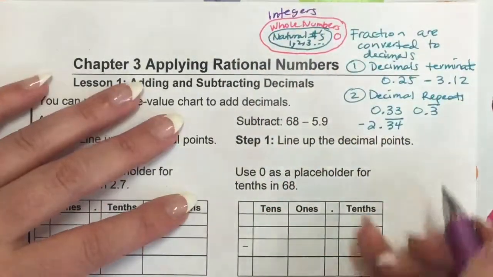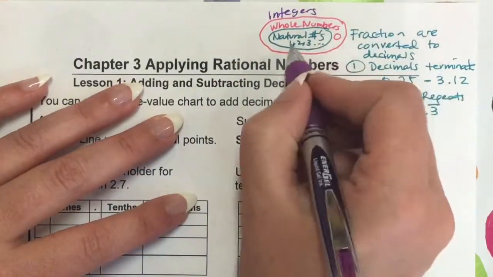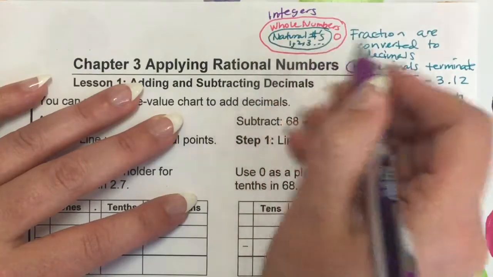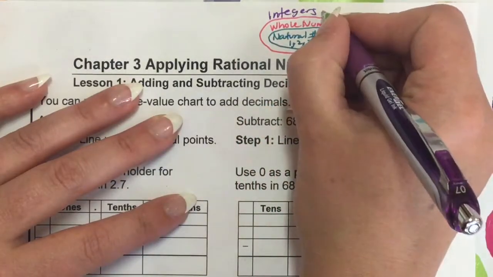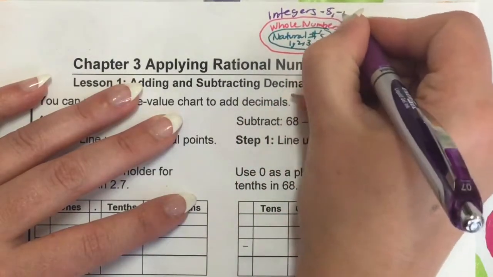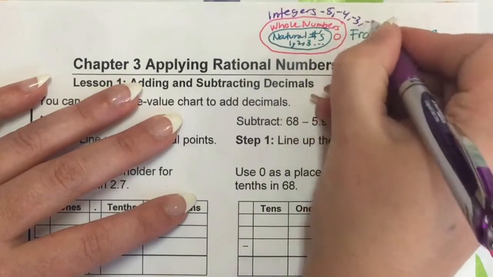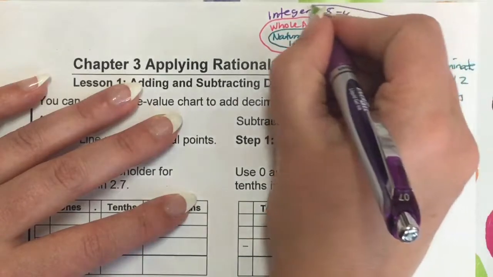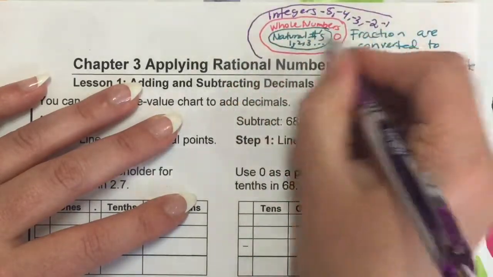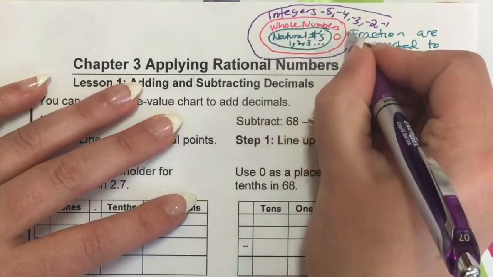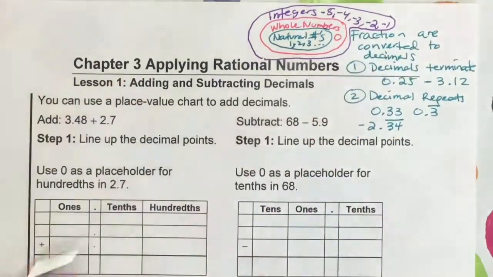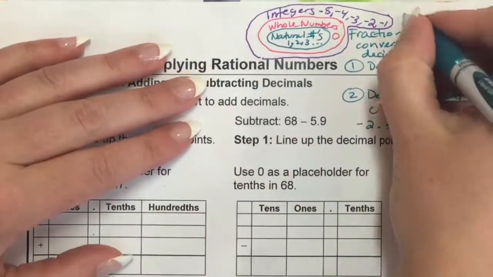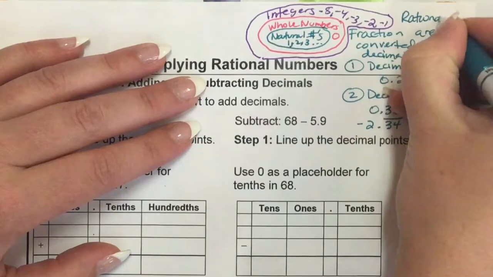And remember, integers are positive whole numbers, so 0, 1, 2, 3, but also negative. So like negative 5, negative 4, negative 3, negative 2, negative 1. Those are integers. Positive and negative whole numbers. And then you have the rational numbers, which are the ones that we just talked about.